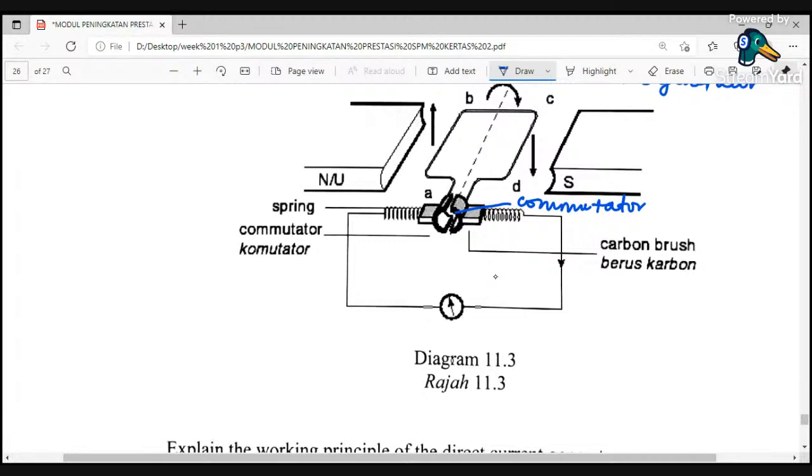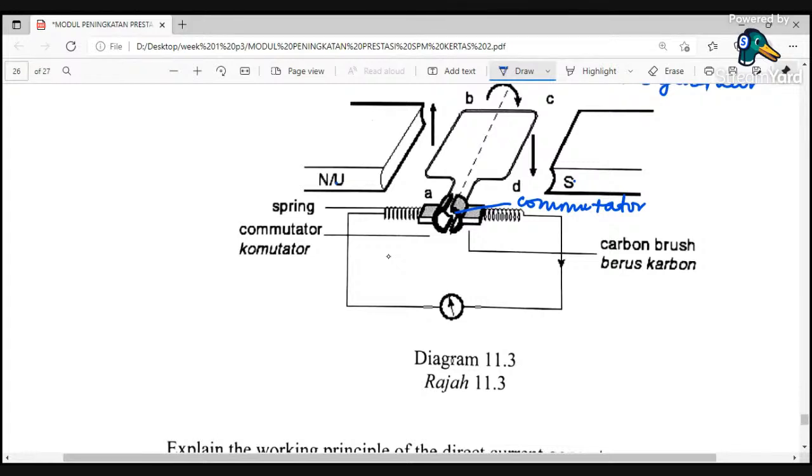When the coil is rotated in clockwise direction, nampak you all boleh tulis apa yang berlaku. Okay, so this is the permanent magnet. This is coil ABCD.